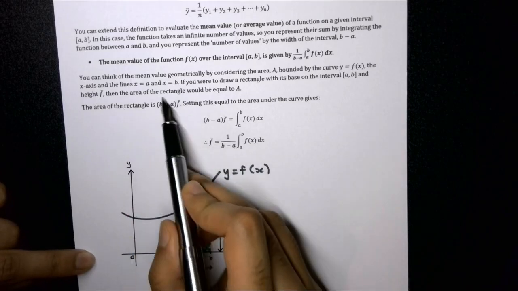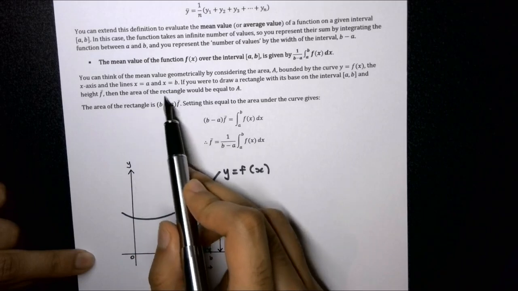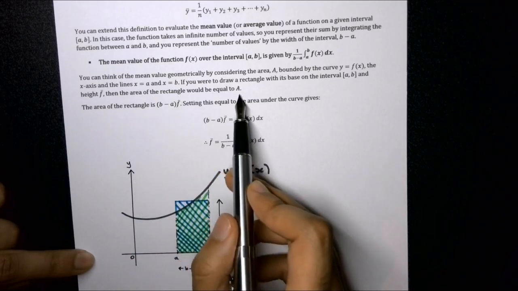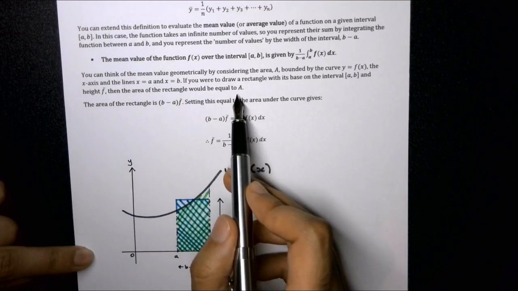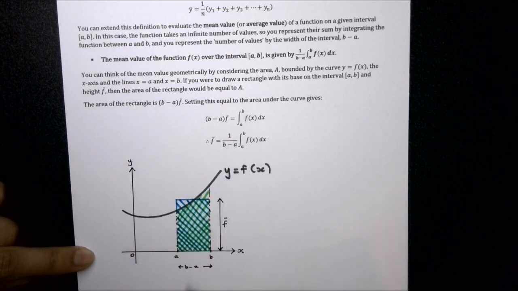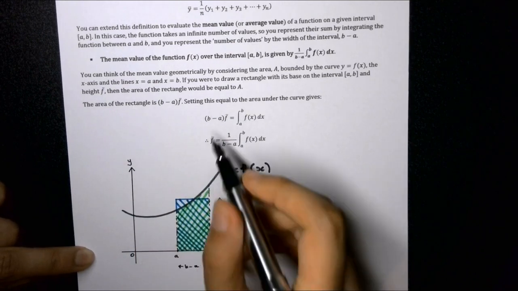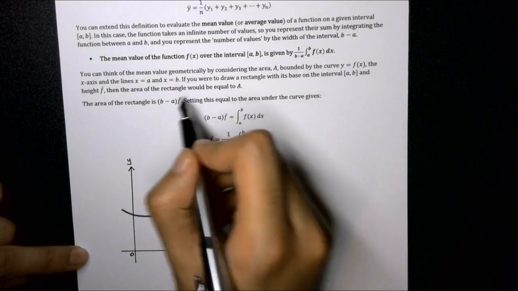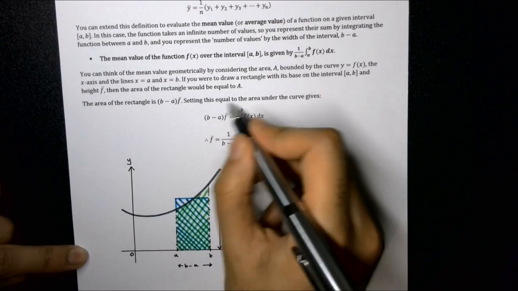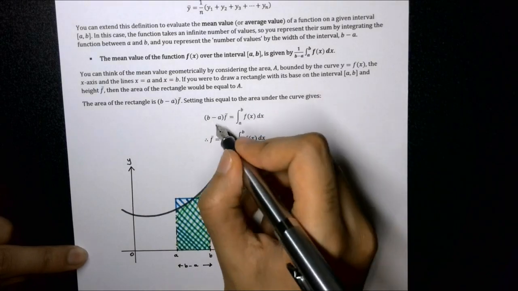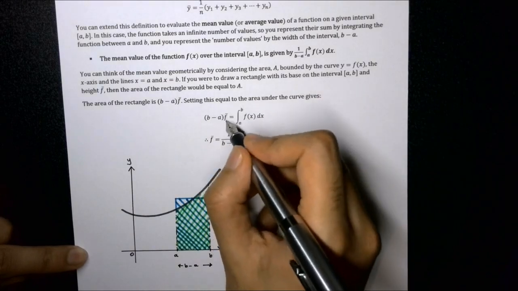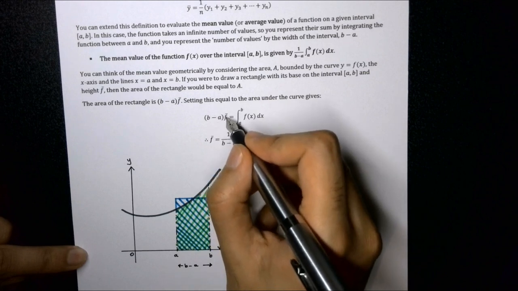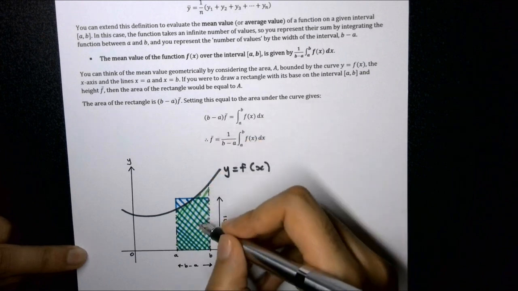Then the area of the rectangle would be equal to a. So the area of the rectangle, that's b minus a times f bar, and if we set this equal to the area under the curve, we end up with this result here. b minus a times f bar, this is the area of the rectangle that's shown in blue.